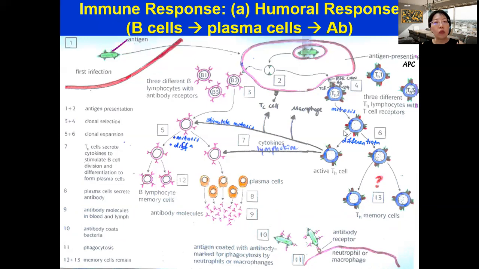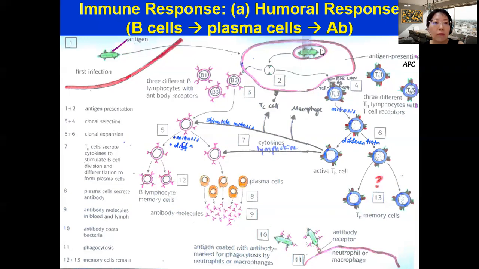And whatever I've shown you here is the humoral response because it involves secretion of antibody by the plasma cell. So you need to spend time to learn up the correct name and the steps, the name of each step, the name of the cell produced, and the name of the chemical secreted.